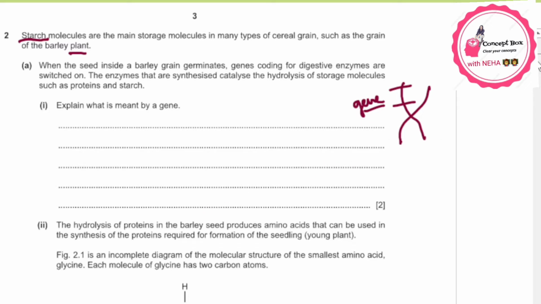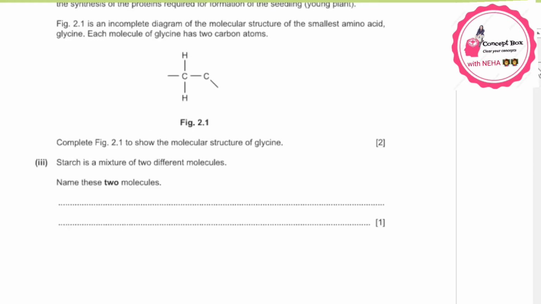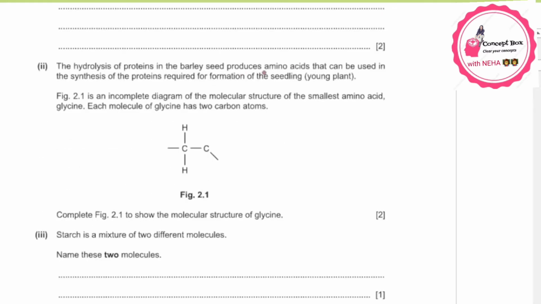Next is the hydrolysis of protein. In barley seeds, hydrolysis produces amino acids that can be used in the synthesis of proteins required for the formation of the seedling, the young plant. Figure 2.1 is an incomplete diagram of the molecular structure of the smallest amino acid, glycine. Each molecule of glycine has 2 hydrogen atoms. So you have to find out what is missing in this figure.